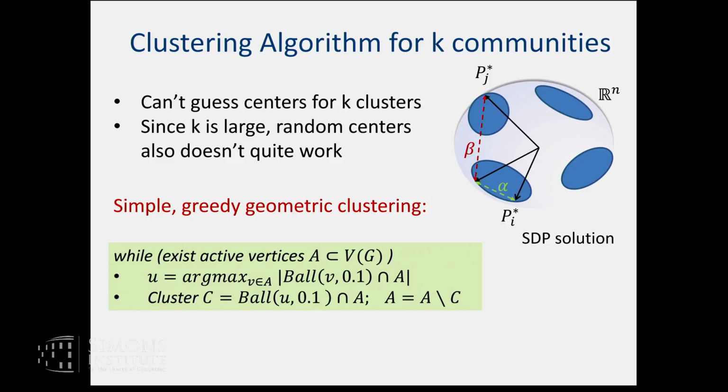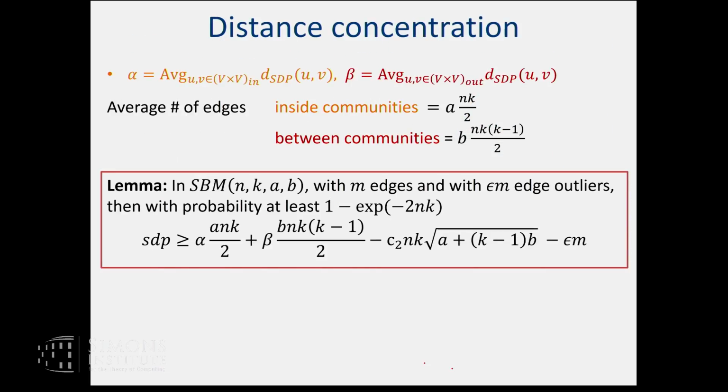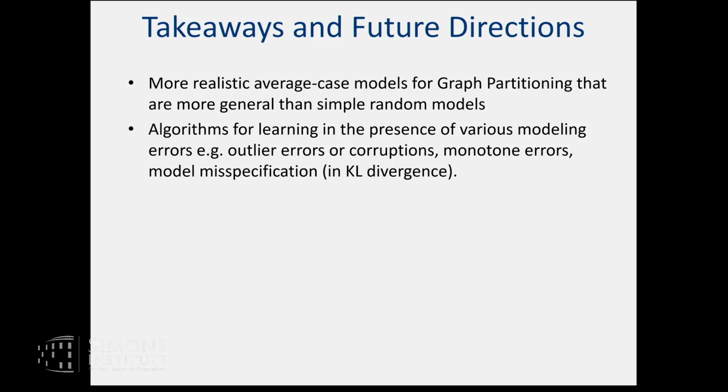Then remove this whole ball and recurse. So it's just a greedy clustering algorithm on the SDP vectors, and we show that this can recover the community memberships up to good accuracy. This is based on showing some structural conditions about the SDP. Let me not go into this.